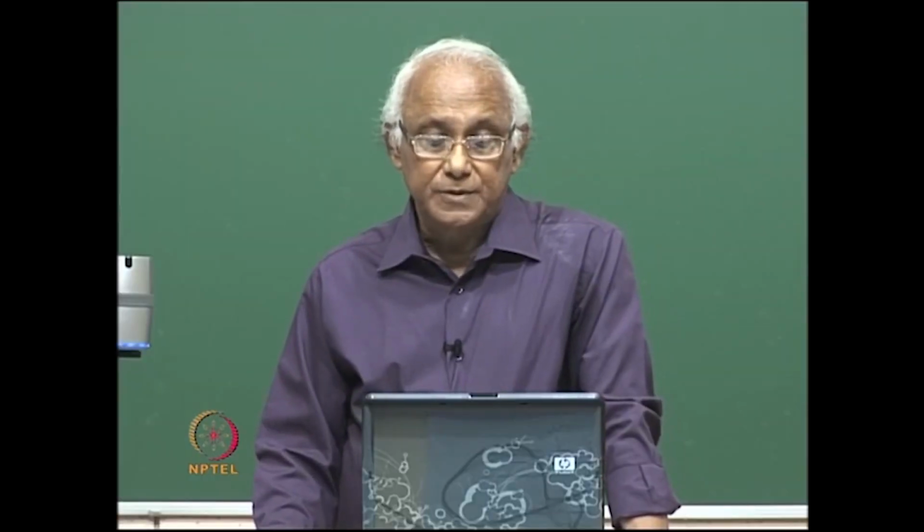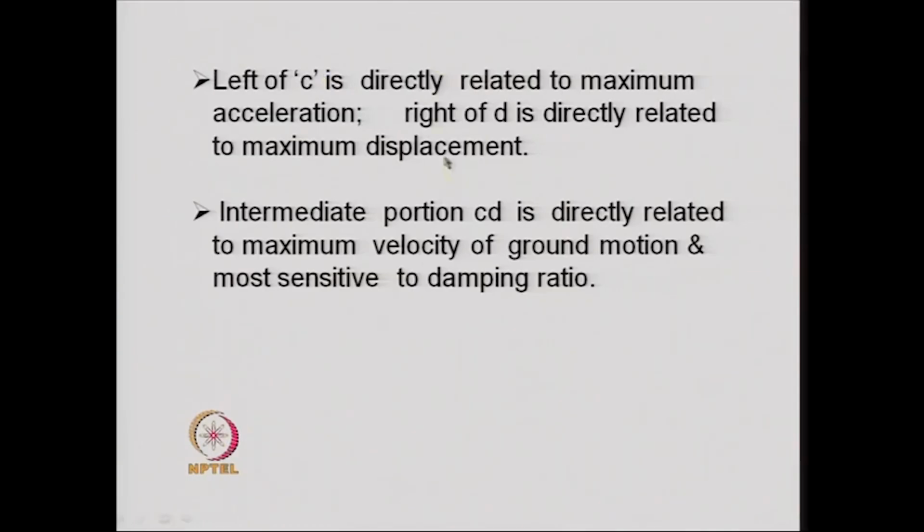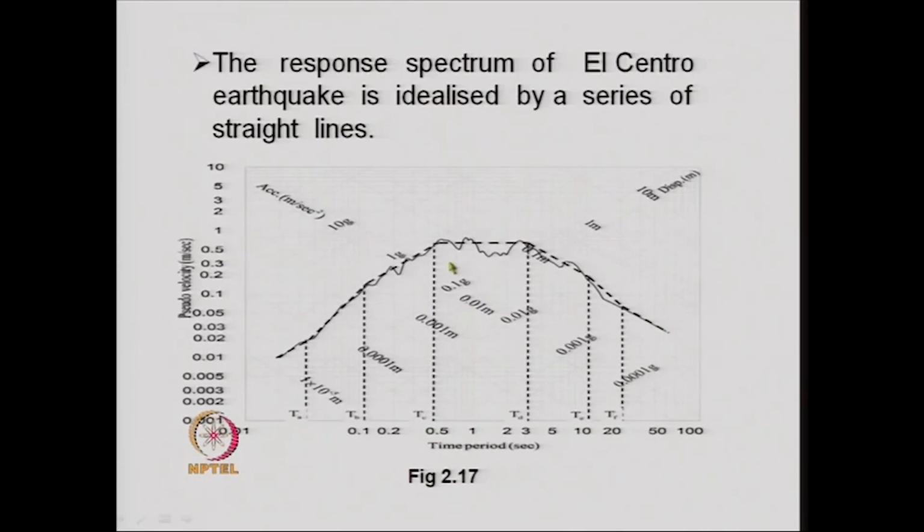Now, the left of C is directly related to maximum acceleration, because in this plot we can see that on the left of C everything there is parallel to the SD axis, representing the acceleration, and beyond this point everything represents the displacement, because these lines are parallel to the acceleration axis.